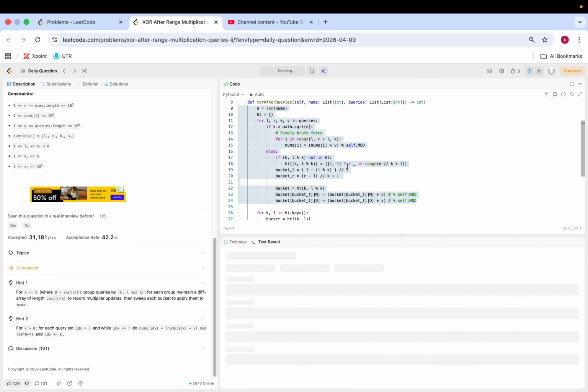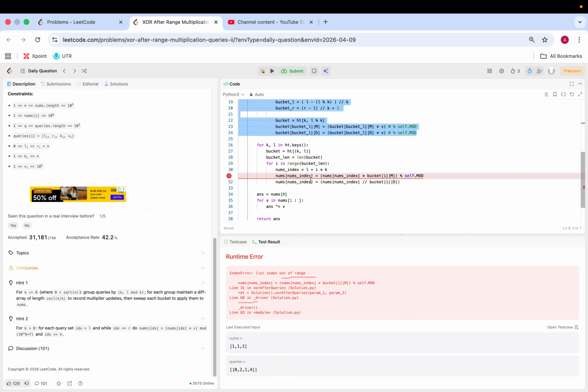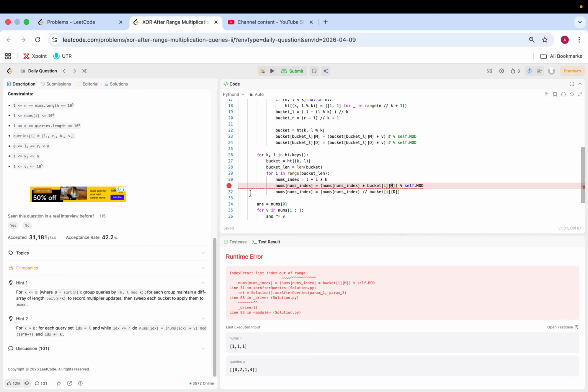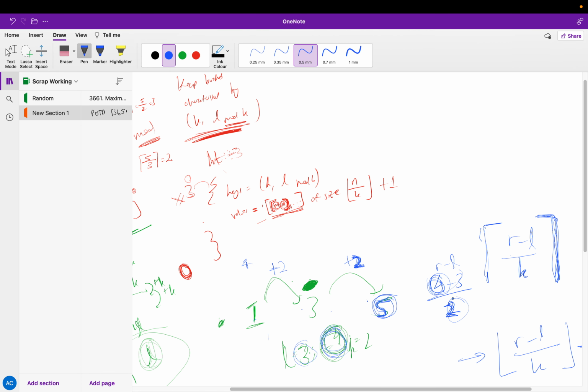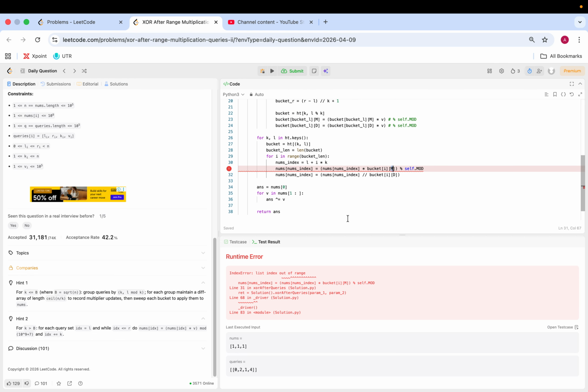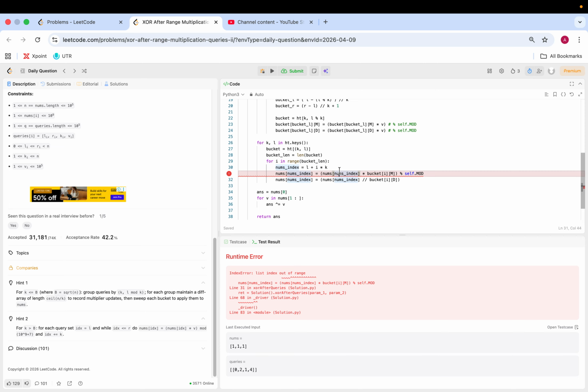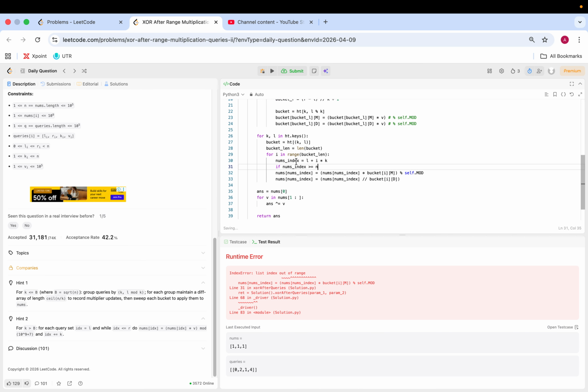I am very scared though, because of what I think it's doing versus what it actually does. I did want to test that, because I'm choosing to do the +1 from here. If nums index is greater than or equal to n, where n is the size of nums, then just continue.